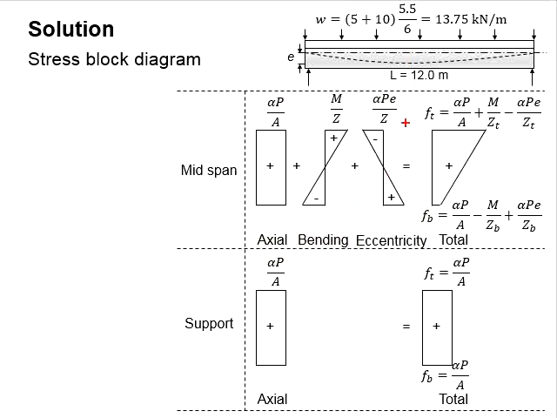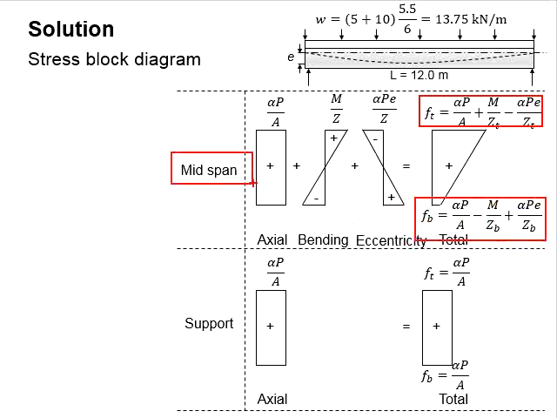With that, the top fiber stress is calculated by the axial stress plus bending minus eccentricity. The bottom fiber stress will be the axial minus bending plus eccentricity. That gives us these 2 equations for the midspan.